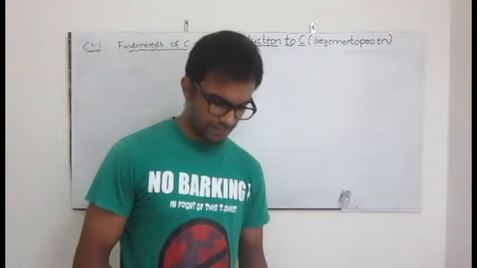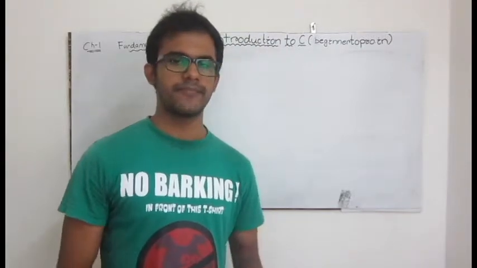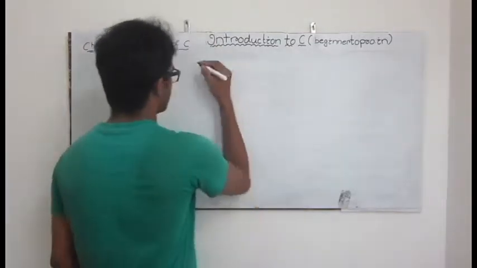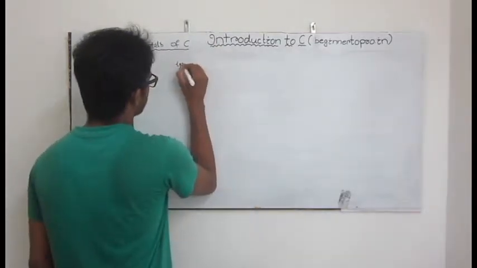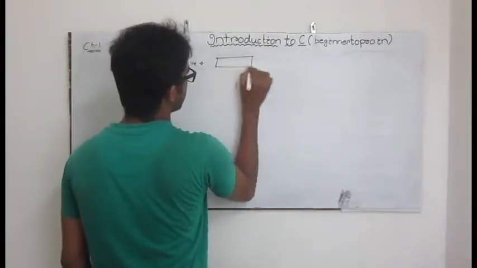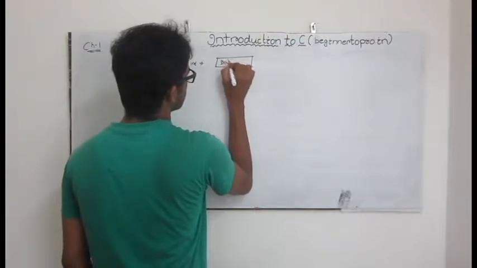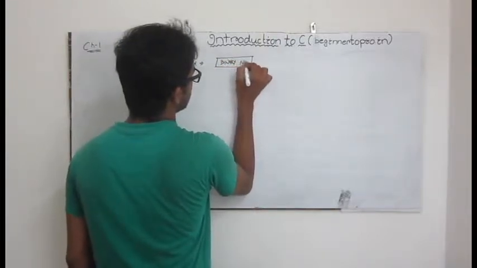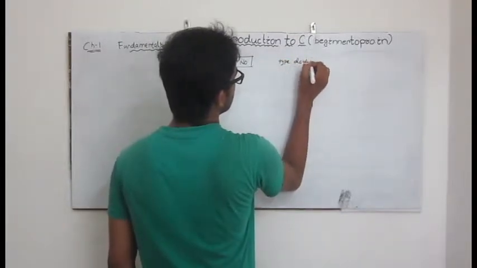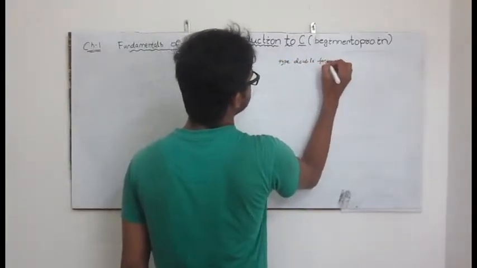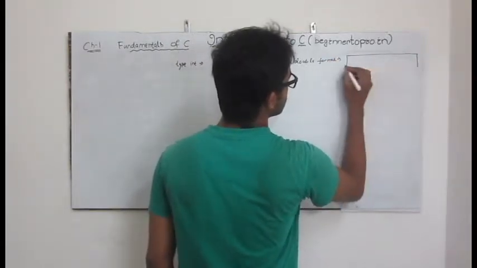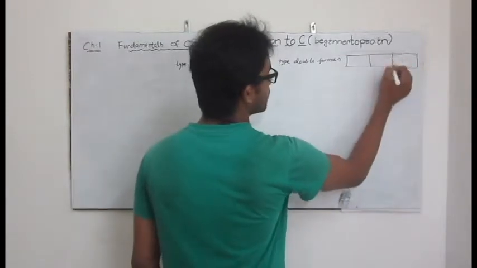So guys, as I have told you earlier, integer type format and double type format. Let's draw how it looks like. Type integer consists of only one block, that is binary number, and type double format consists of three blocks.